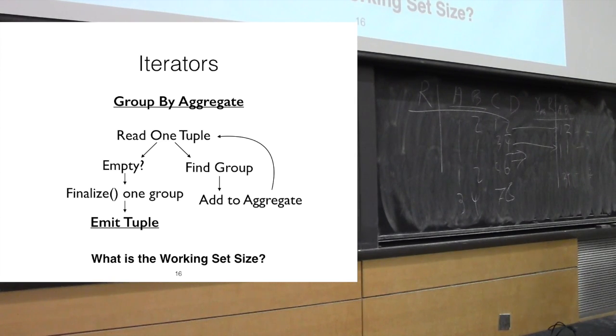So it's possible, in principle, that this set could get really, really big. In practice, and for the data that you're working with for project 1, it won't. But we'll talk about ways of approaching aggregation that allow you to avoid running out of memory.